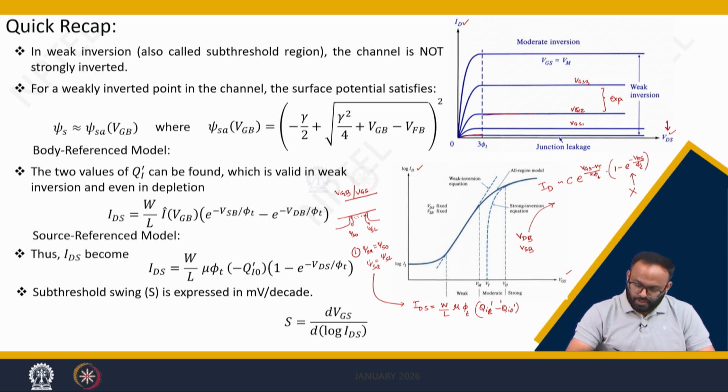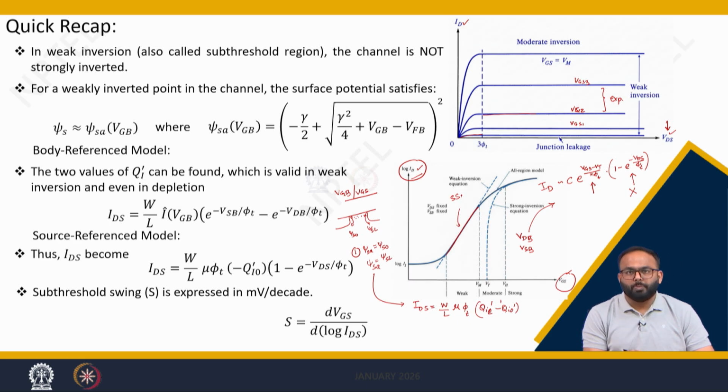The other part of weak inversion can be analyzed as log ID versus VGS. When we plotted this, we found that this curve is almost linear because of the exponential dependence. We are taking log, so it is almost linear, and this is called the subthreshold slope.